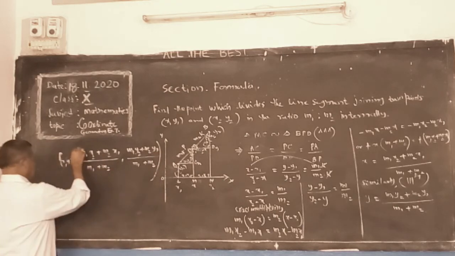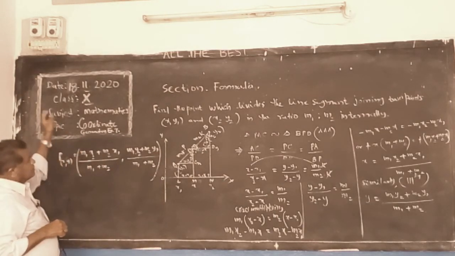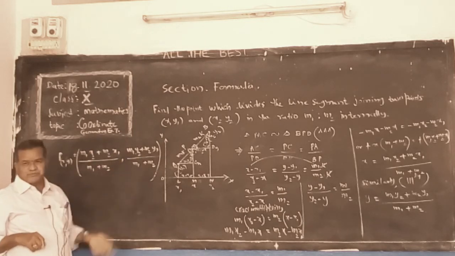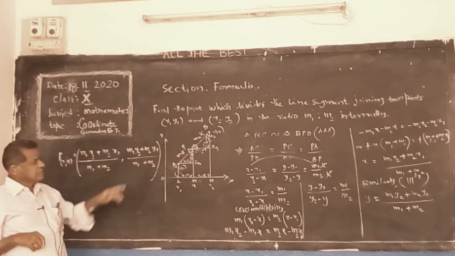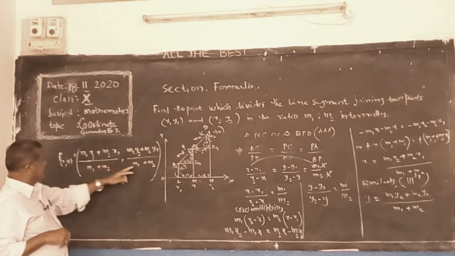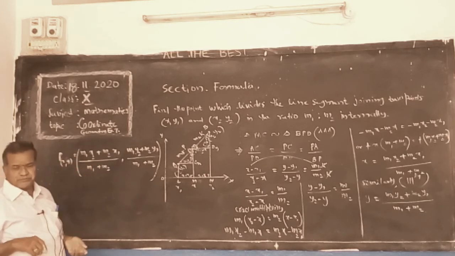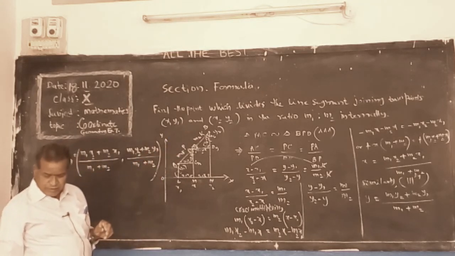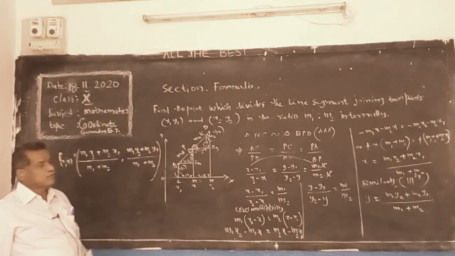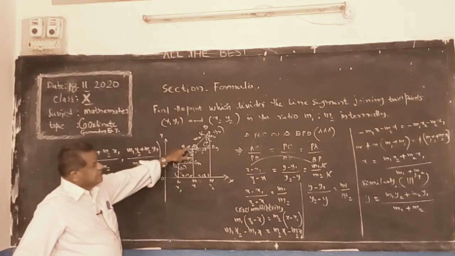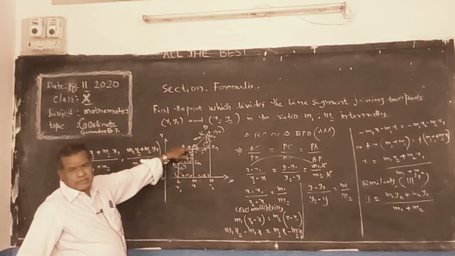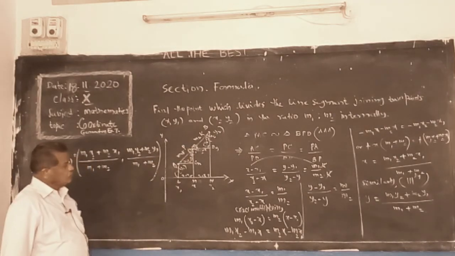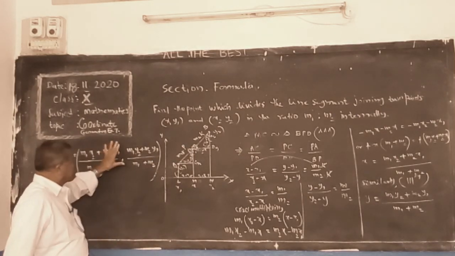So this is the point dividing the line joining the two points internally in the ratio m1 is to m2. The ratio will be given and the points are given. We have to find the point which divides the line in the given ratio. Note this down.